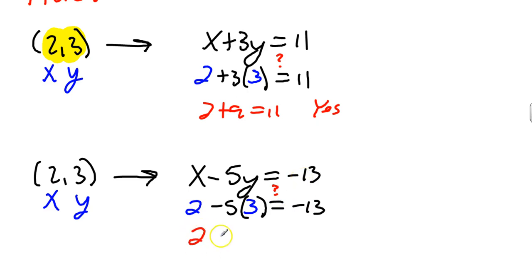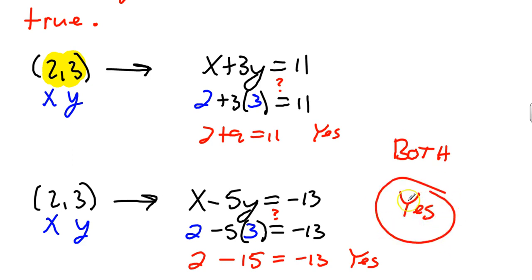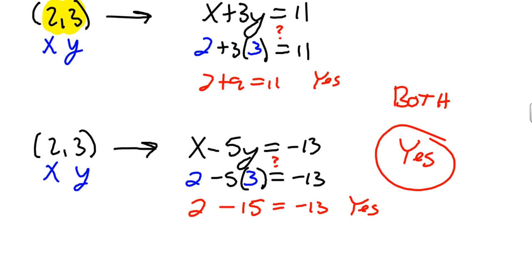So that's 2 minus 15 equals negative 13. Yes, it does. So as long as they're both yes, and they ask you, is this a solution to the system? Then yes, it is. They may ask you to just state if it's a solution or not a solution. So in this case, we'll say yes, it's a solution.